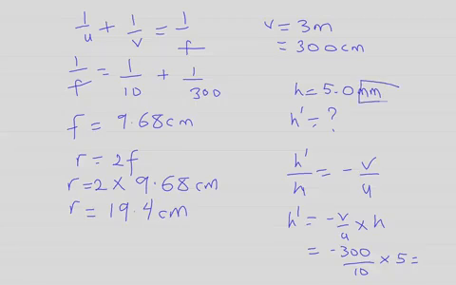You can change this to centimeters so that all four of them here will be in centimeters. That means the answer you get will be in centimeters. But if I use it directly like this, the answer I will get will be in millimeters. So take note. The answer here is going to be minus 30. Excuse me, not minus 30, it's going to be minus 150 millimeters.